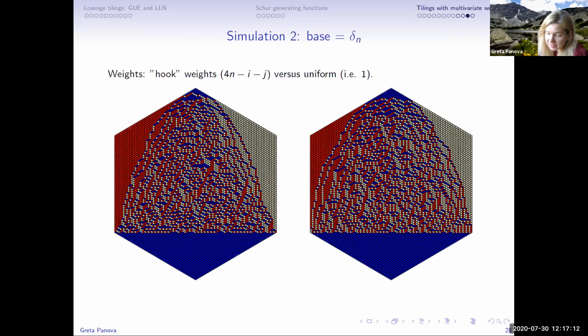And this is again a simulation, now with different shapes, and you can see the difference between the two types of weights. So in one case, these are really the hook weights, the other ones are the uniform.